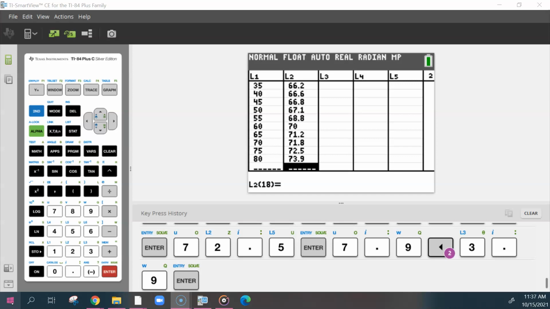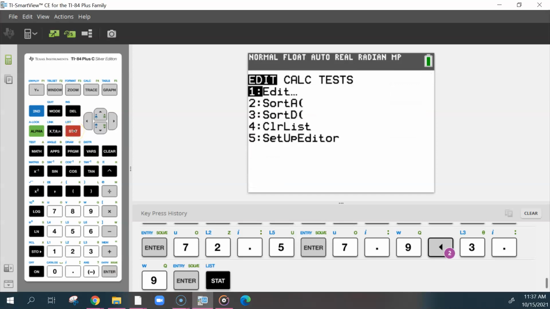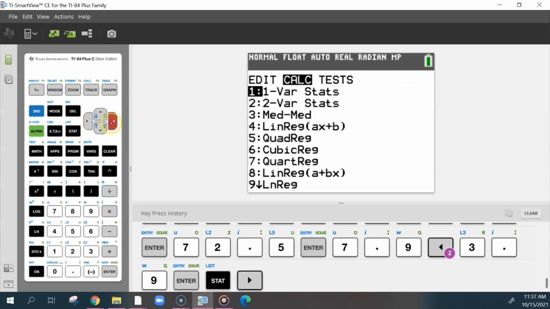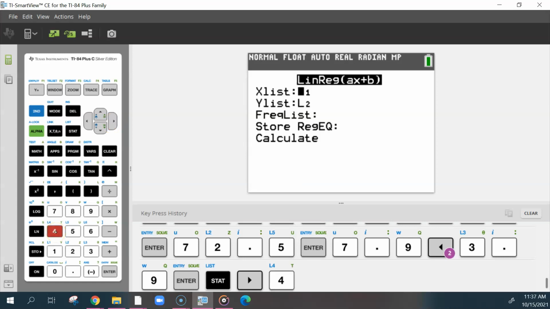Once you have all of your data in here, following your step 2 on the pink sheet or in your notes, you're going to go back to stat, scroll over to calculate, go down to your number 4 or just press 4. Make sure this says X list L1, Y list L2.